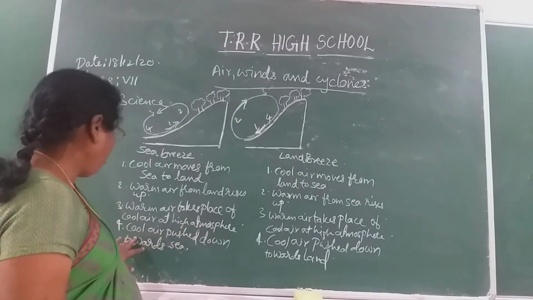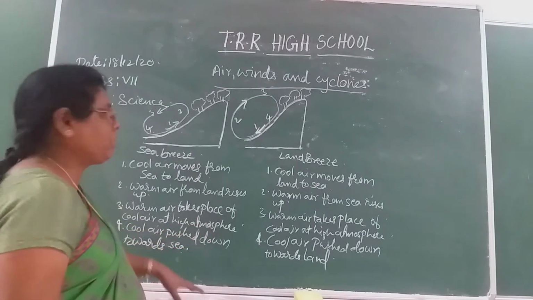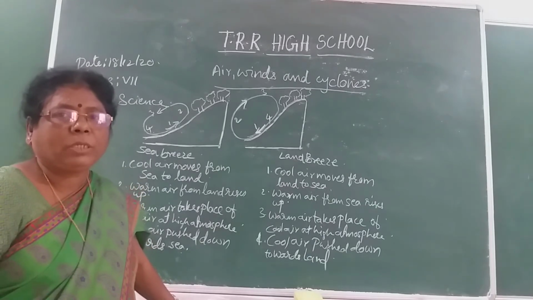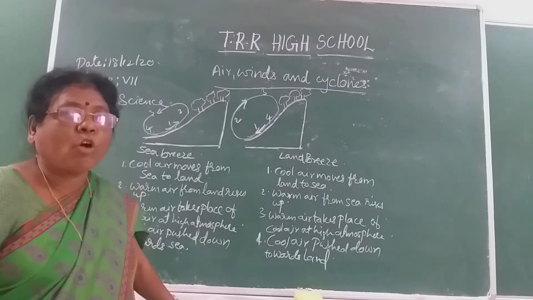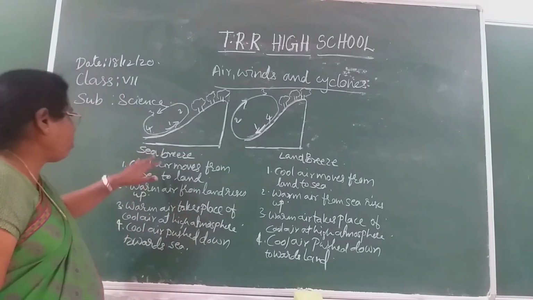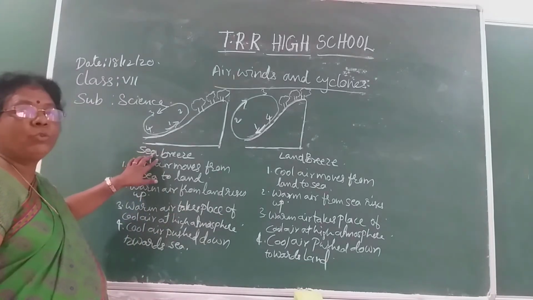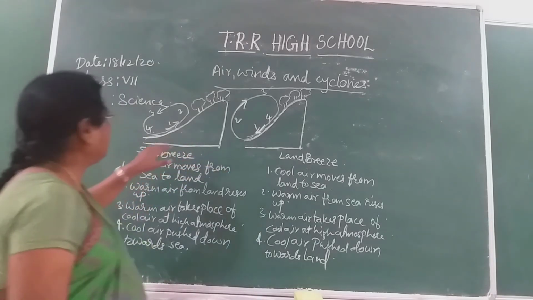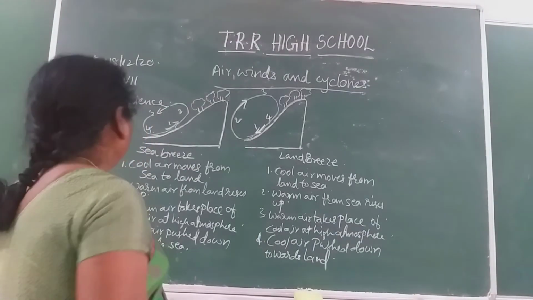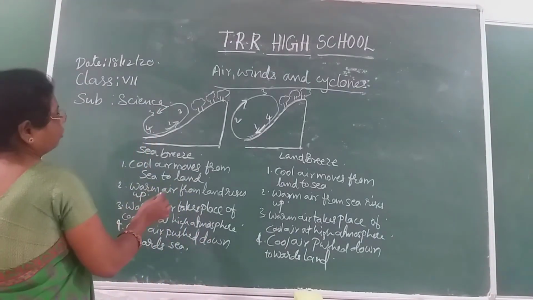Okay? Cool air is pushed down towards the sea because it is denser than the warm air, isn't it? Warm air is lighter than cold air. Understood? So this causes a sea breeze. A sea breeze takes place during the daytime.